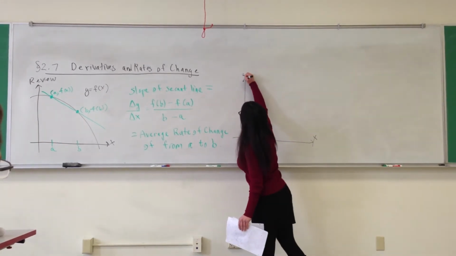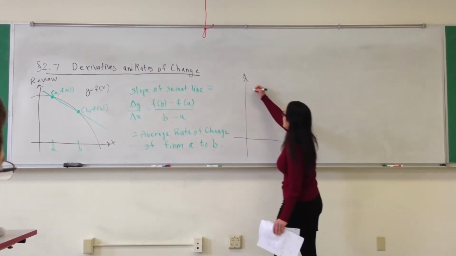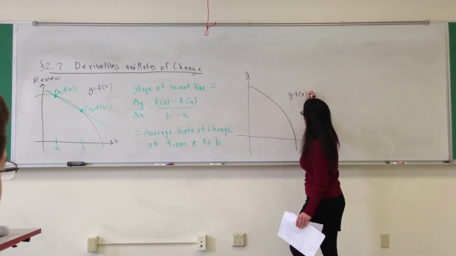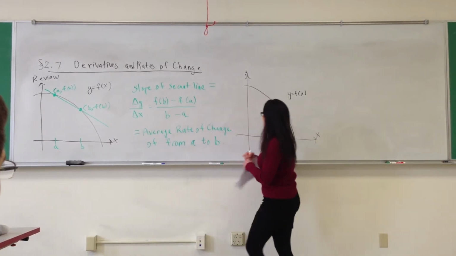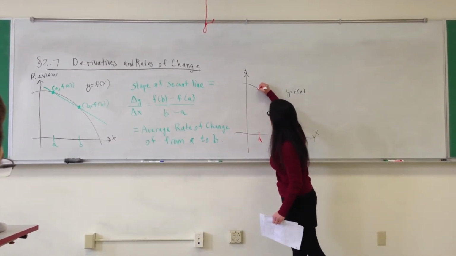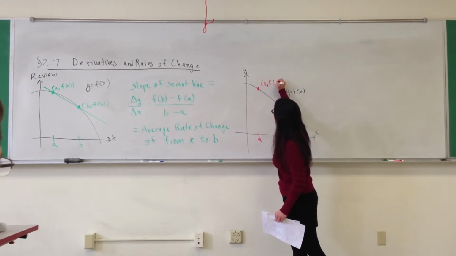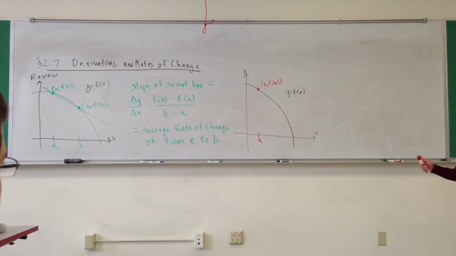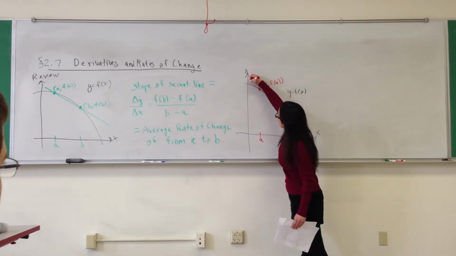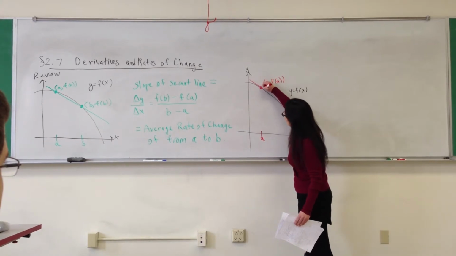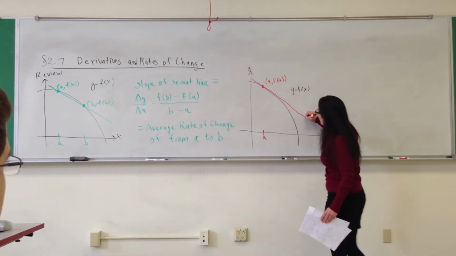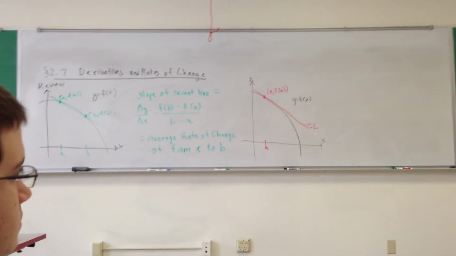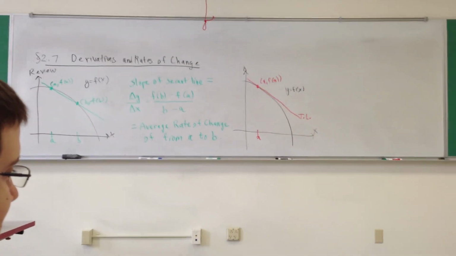So if I draw my function f of x again, and I choose my point A, f of A, and the tangent line, remember, is a line that passes through the point A, f of A, and just touches the graph of the function and points in the direction of the function.